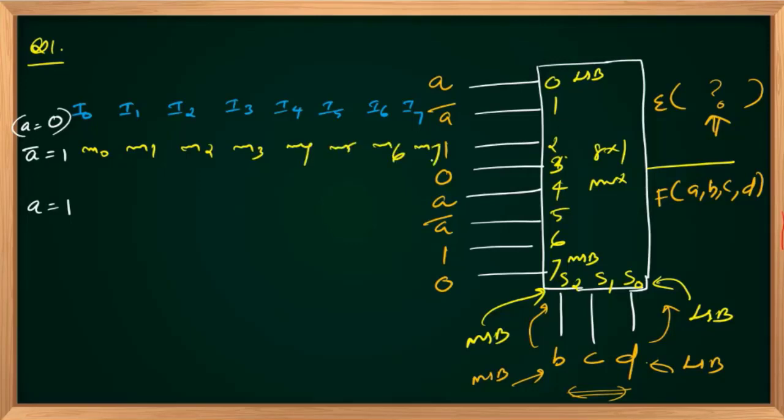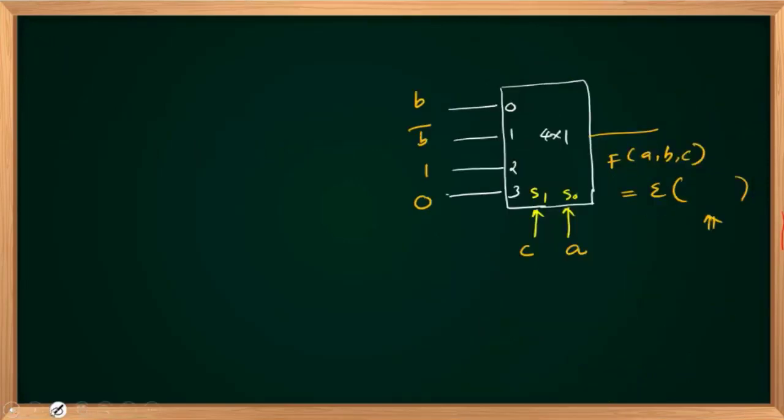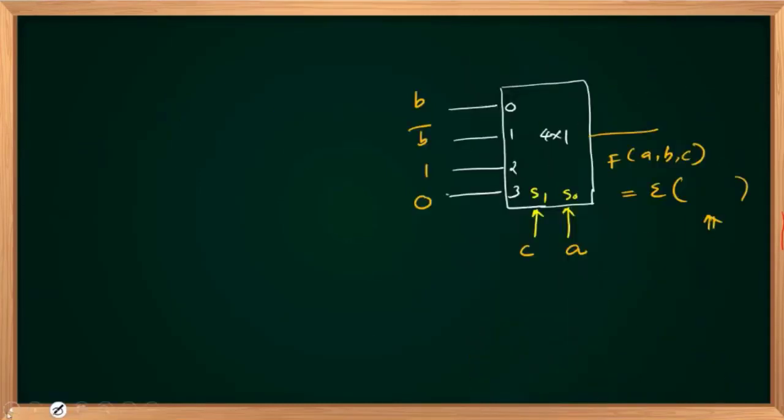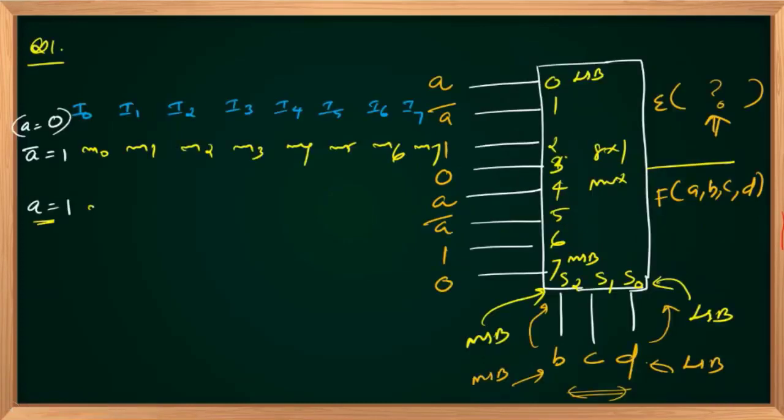Progressive order. Okay? And A equal to 1 implies the last 8 minterms, that is M8 to M15: M8, M9, M10, M11, M12, M13, M14, M15.